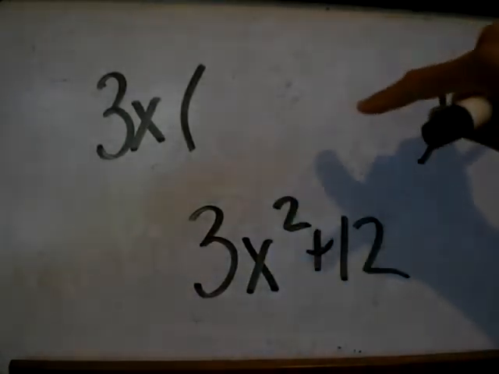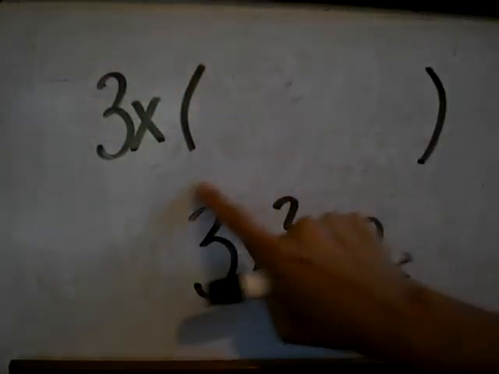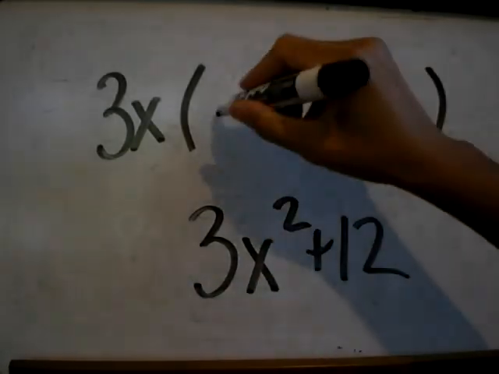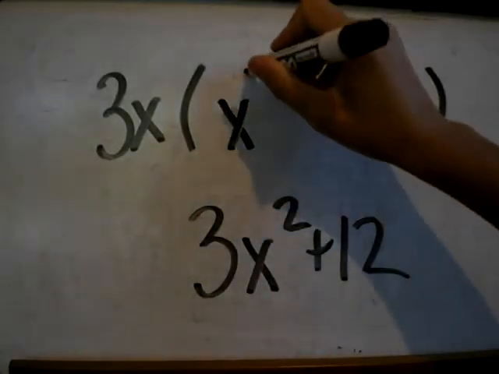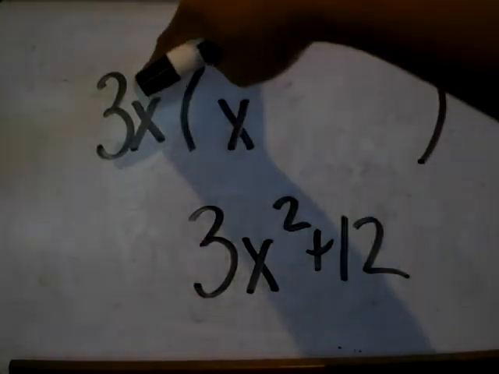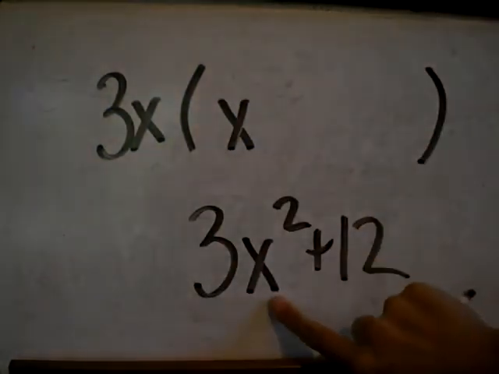Now we have to think, 3x times what will give us 3x squared? Well, it's x to the first power, because if we distributed, 3x times x would give us 3x squared.